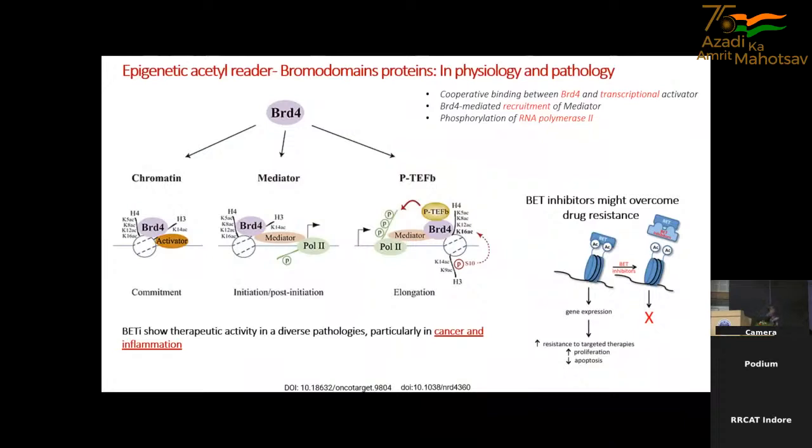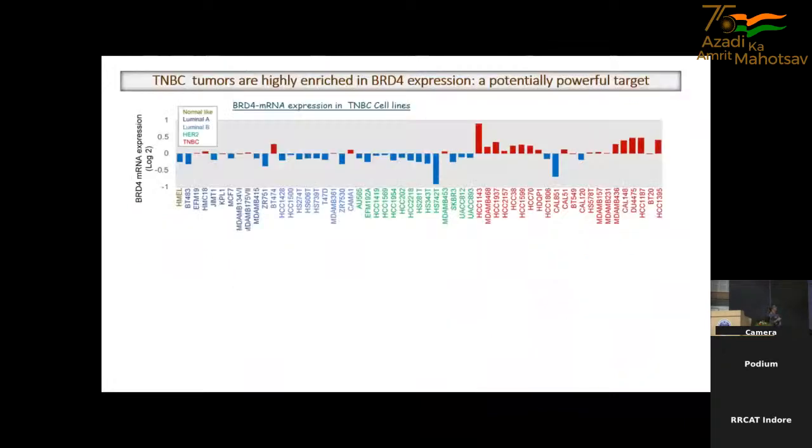These inhibitors are already in the clinic, and what we show here is that all these breast cancer cell lines, aligned on the basis of their mRNA expression of BRD4, show that BRD4 expression is especially high in triple negative breast cancer cell lines, which is not there in any other subtype.